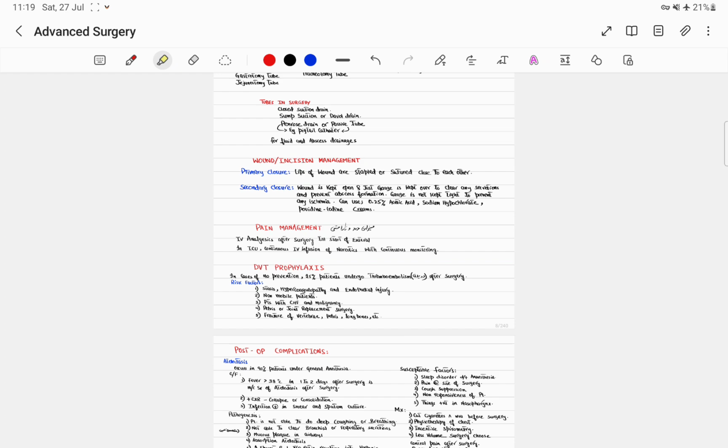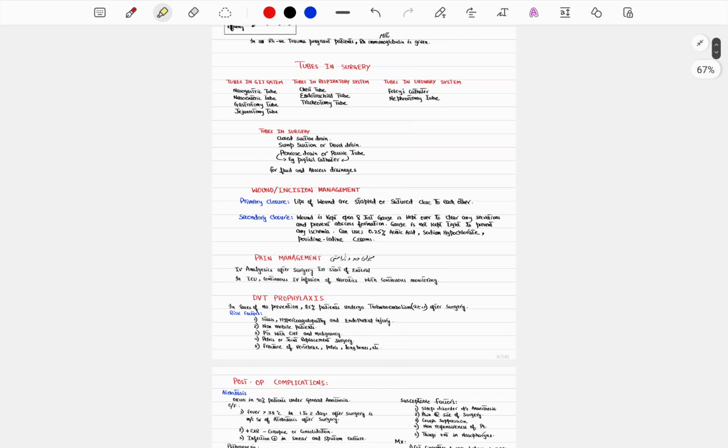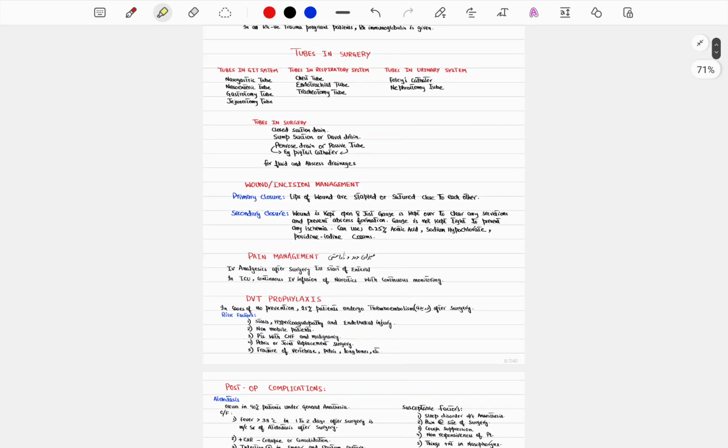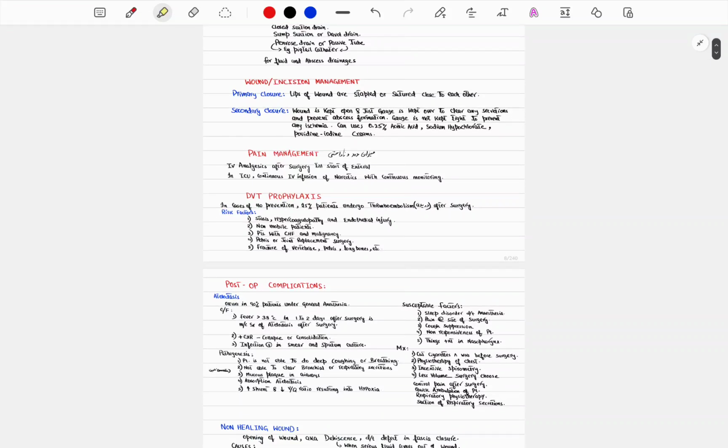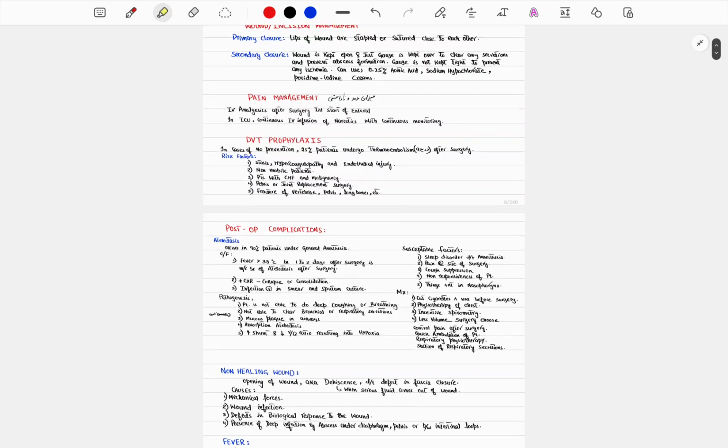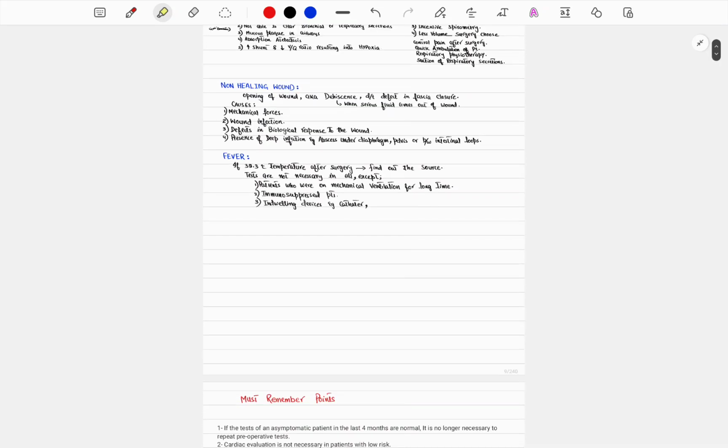Then wound incisions, how we manage pain, how we prevent DVTs, deep venous thrombosis, and also some of the post-operative complications which we come across.